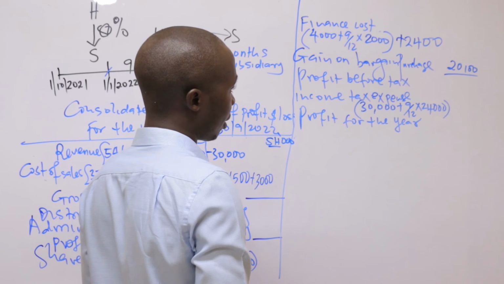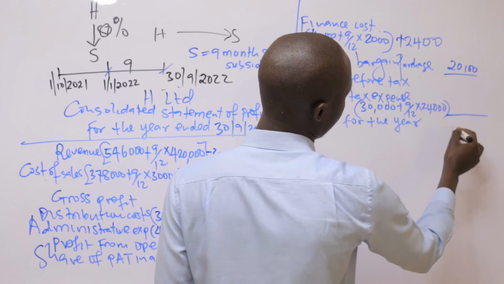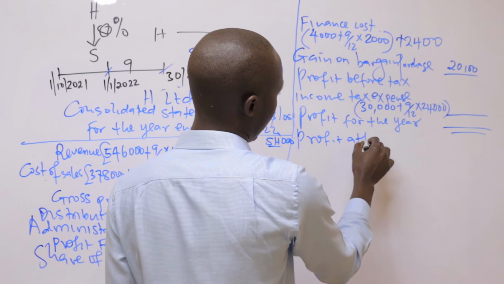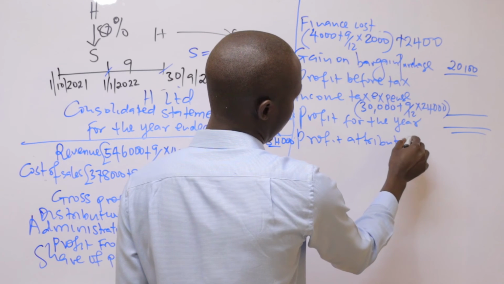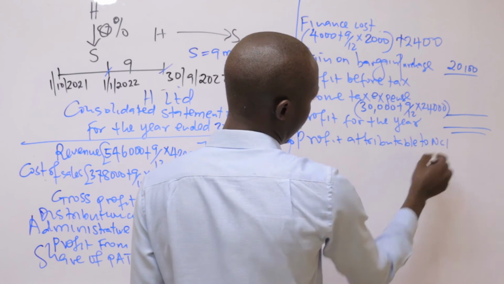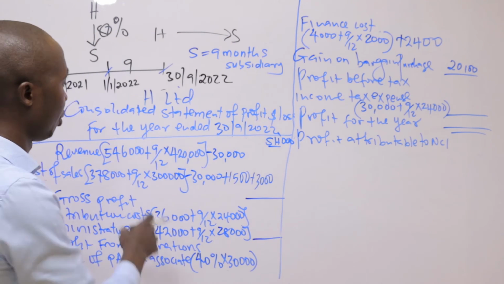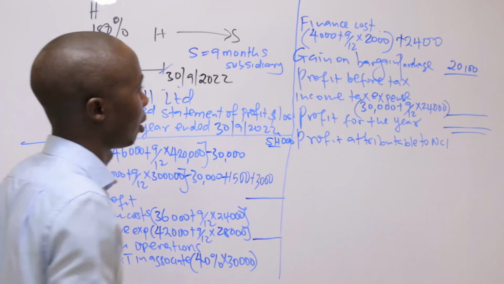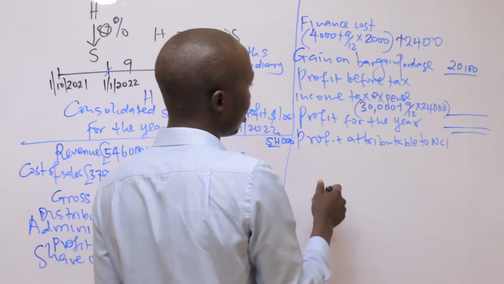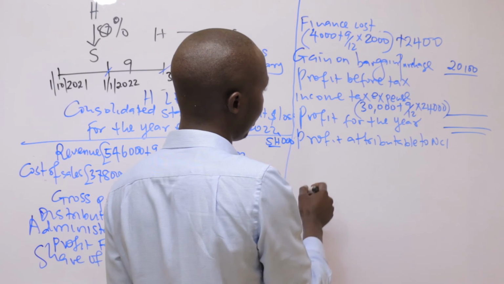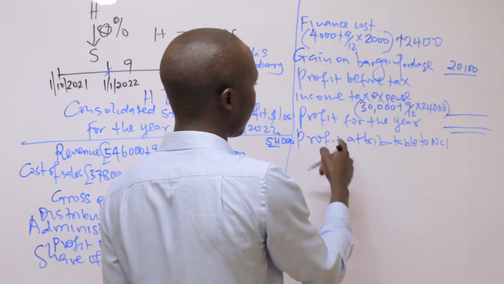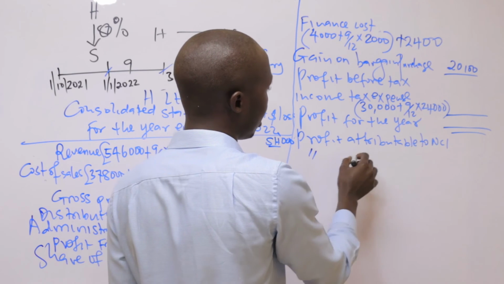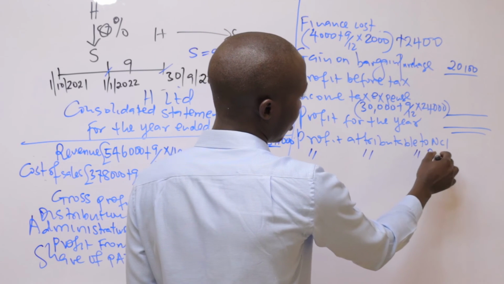After getting profit for the year, remember that we have to say profit attributable to NCI. Because what we have been doing here, we have been adding parent and subsidiary without considering the 80% and the 20%. So there must be profit attributable to NCI based on the profit after tax of the subsidiary. The balance from the profit for the year, after deducting the profit attributable to the NCI, goes to the parent.